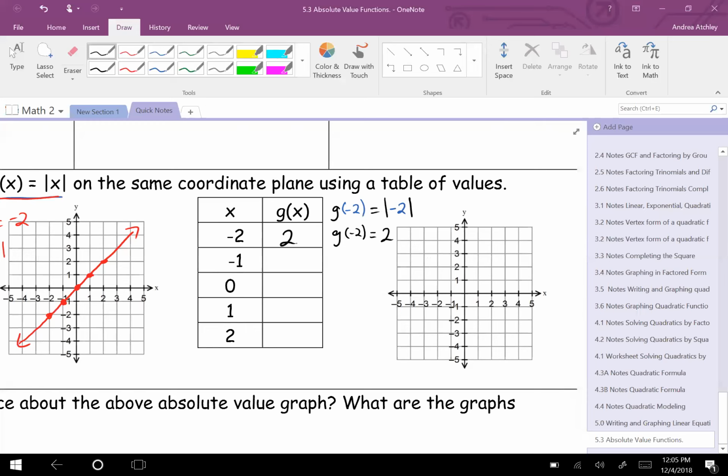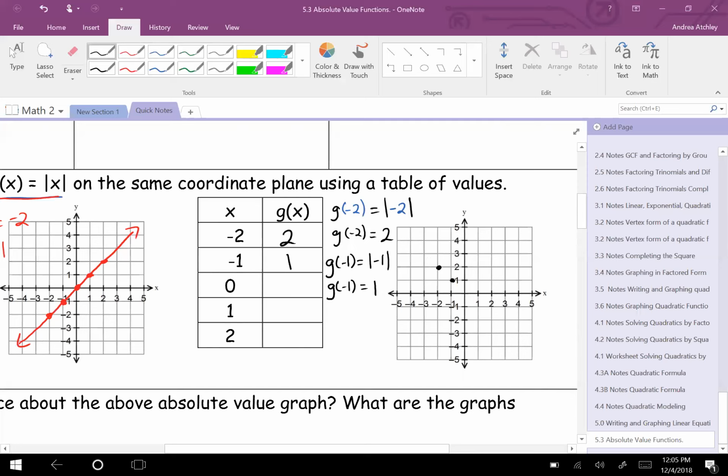And I keep doing that. I plug in -1. So g of -1 is equal to the absolute value of -1. What's the absolute value of -1? 1. Let's graph those points. So I'm going to go where x is -2 and y is 2. Graph where x is -1 and y is 1.